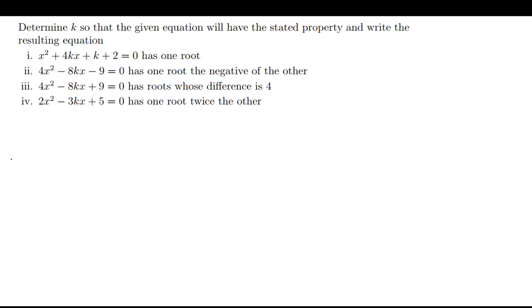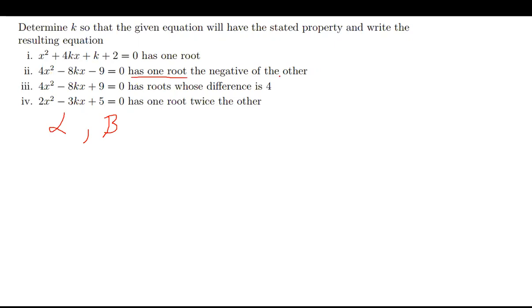So I'm picking 2. So 2 is saying 4x squared minus 8kx minus 9 is equal to 0 has one root, and the other root is the negative. So what they mean is, we know the roots that we normally have are alpha and beta. Now in this case it's saying it has one root negative of the other.